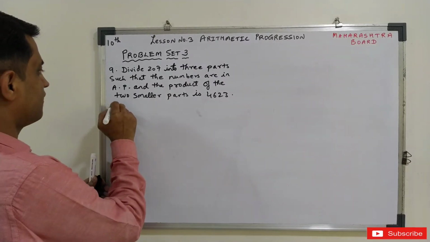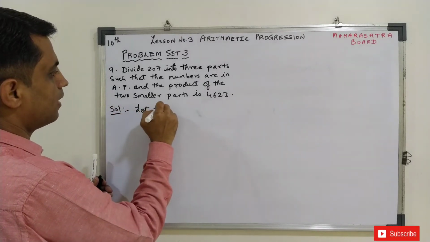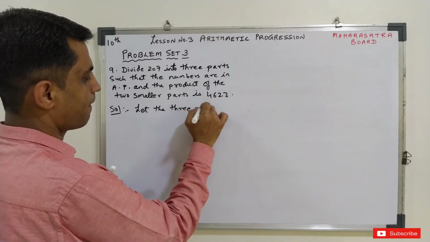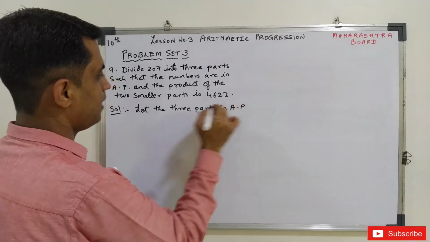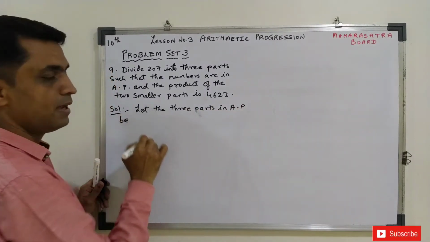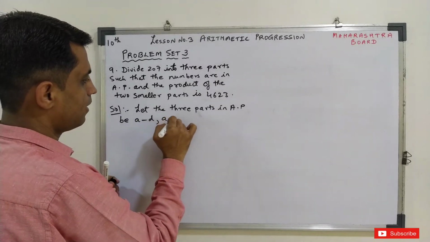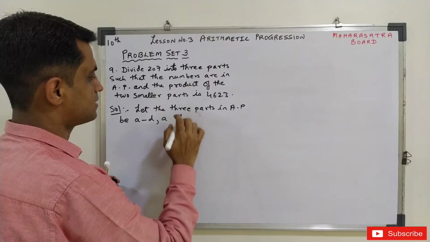So what we'll write here, the first statement: let the 3 parts in AP be a minus d, a and a plus d.